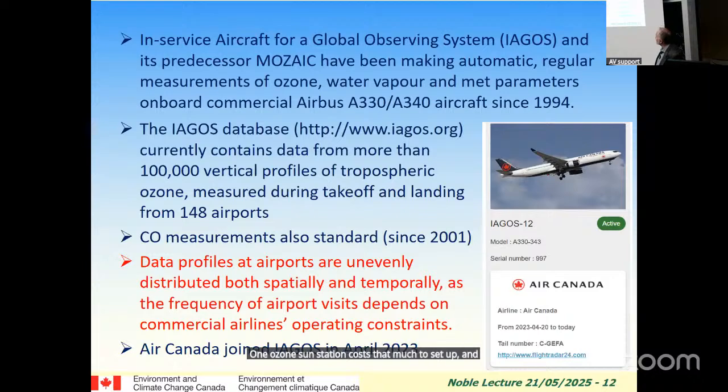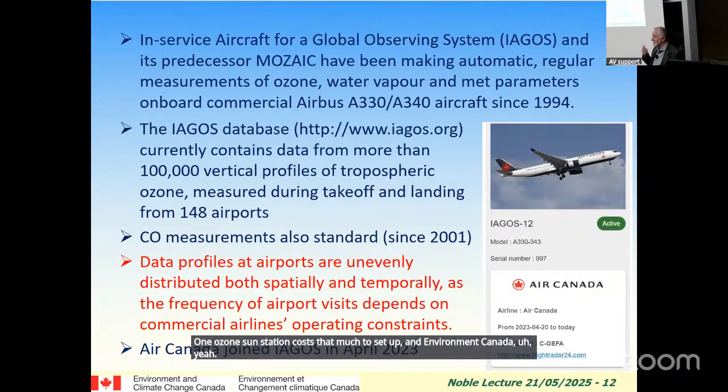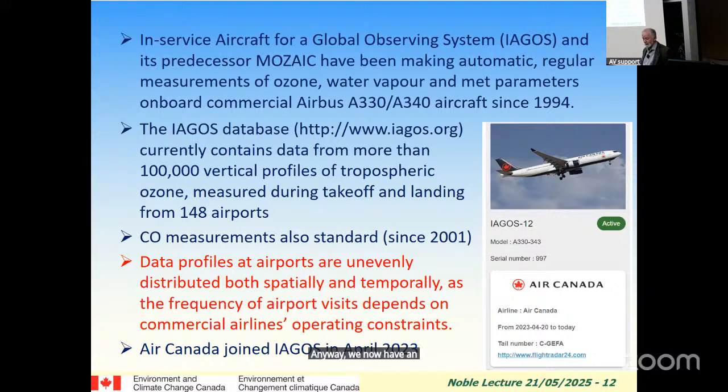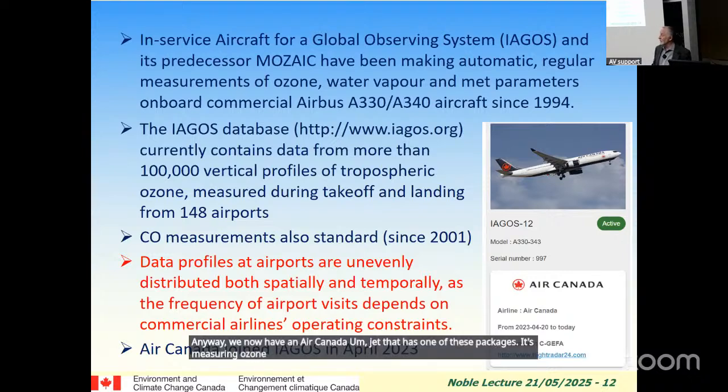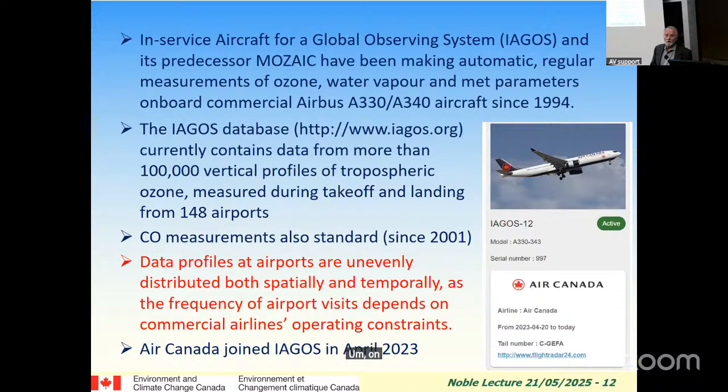And anyway. Environment Canada, yeah, it's government, what can you say? Anyway, we now have an Air Canada jet that has one of these packages. It's measuring ozone, it's measuring carbon monoxide with every landing and every takeoff.